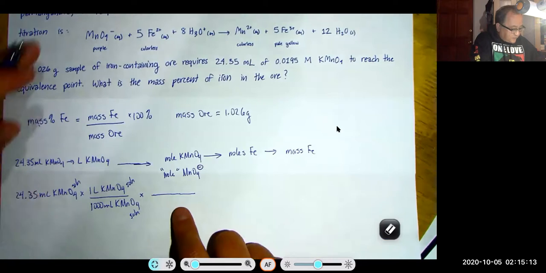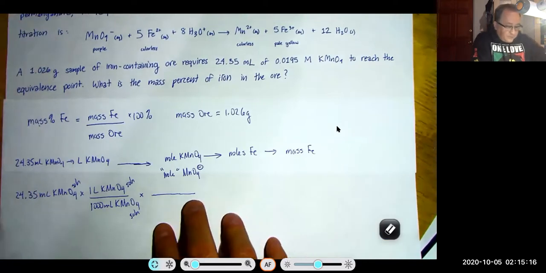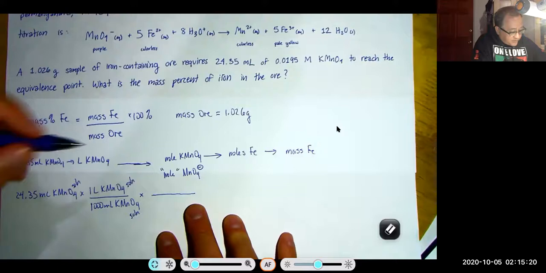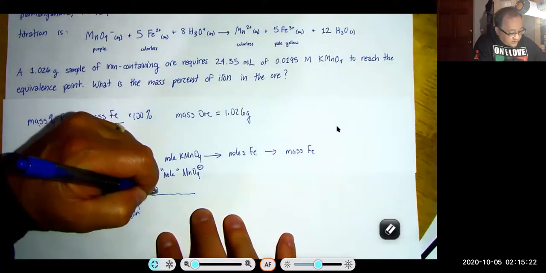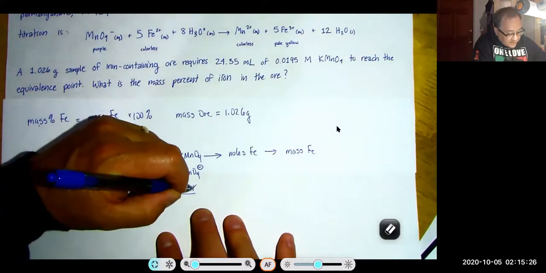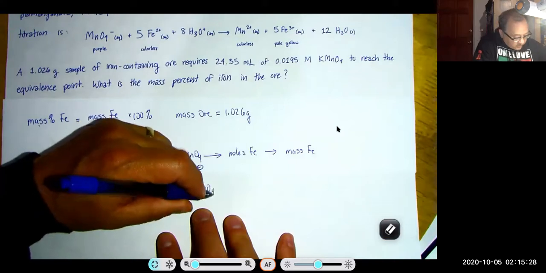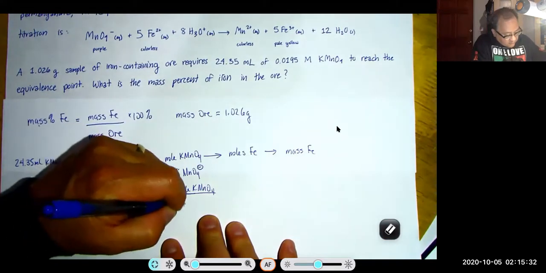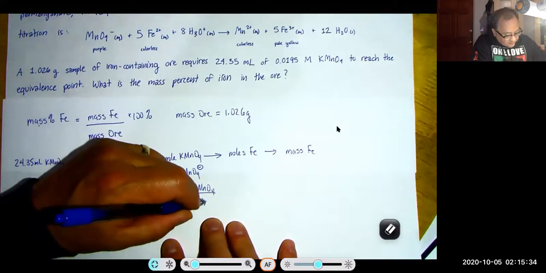And then here, we're going to use the molarity of the KMnO4, and I'm going to put 0.0195 moles of KMnO4 per 1 liter of KMnO4 solution.